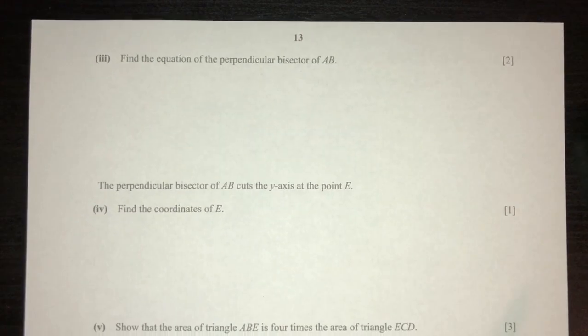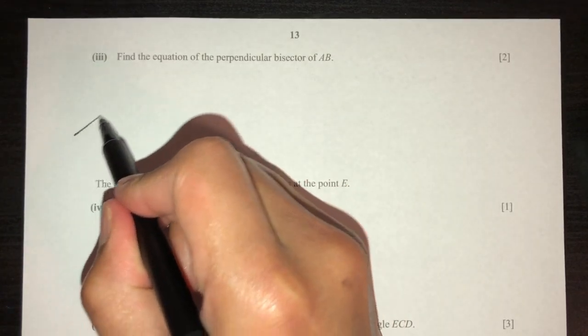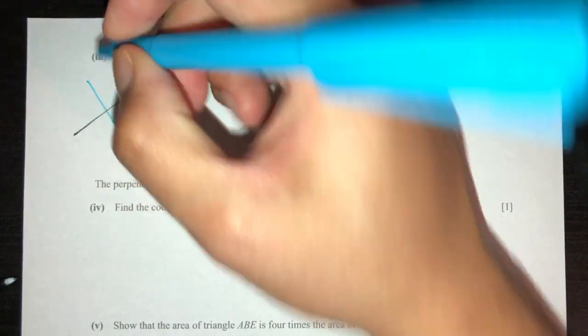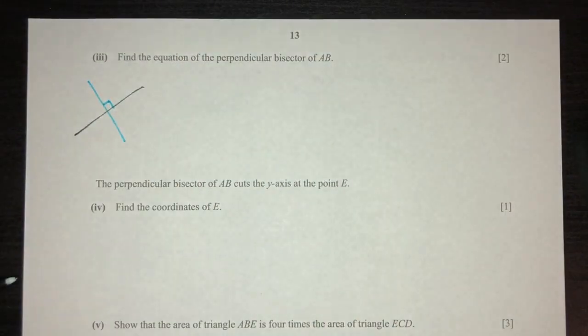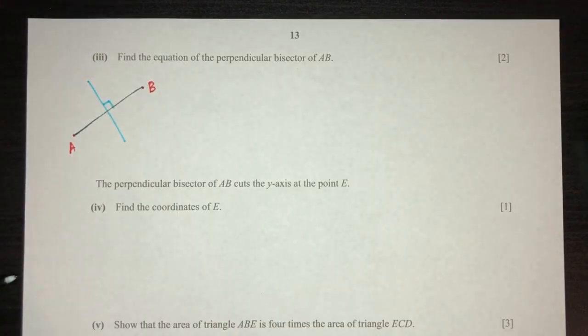We have to find the equation of the perpendicular bisector of AB. So pretty easy again. So we know that this is the line AB, for example. We want to find the equation of the perpendicular bisector of AB. So this is A, this is B. This line here, the blue line, you want to find the blue line.